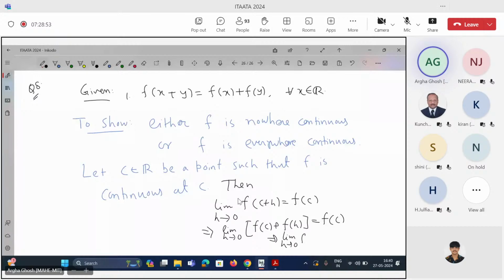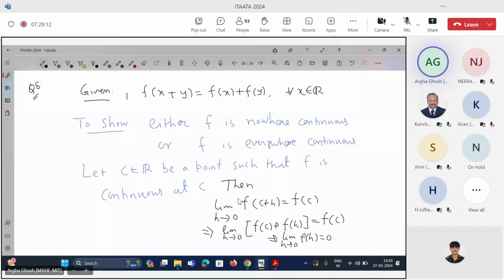Now, for any x, just use the same thing.